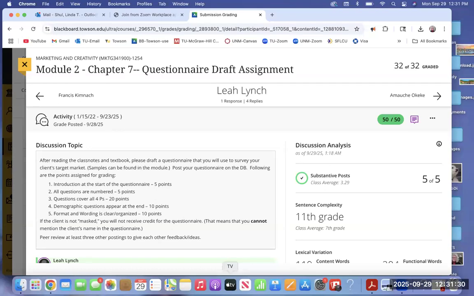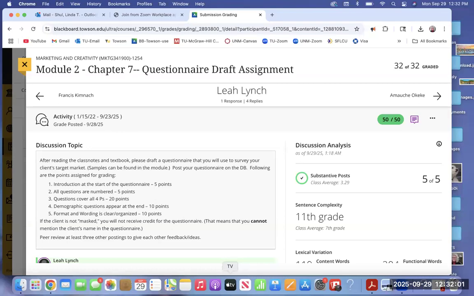Now, remember, you're doing a marketing plan for a small local business, local to wherever you are. This marketing plan has to be based on information from the customer, that's primary research, and information from online or other databases, articles, that's secondary research.